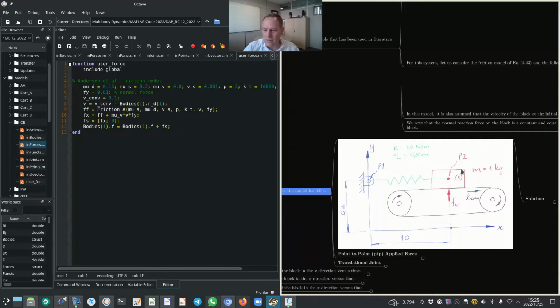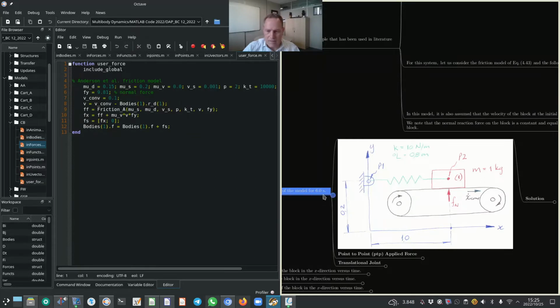For this setup it makes perfect sense to define the local z-axis parallel to the global x-axis, such that the orientation of body 1 will remain fixed at 0 degrees. The angle between the global x-axis and the local z-axis is 0 because these two axes remain parallel.